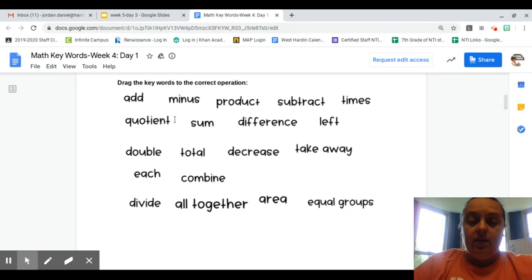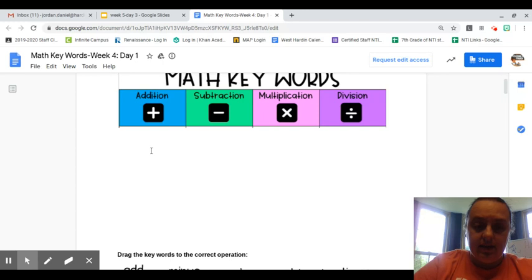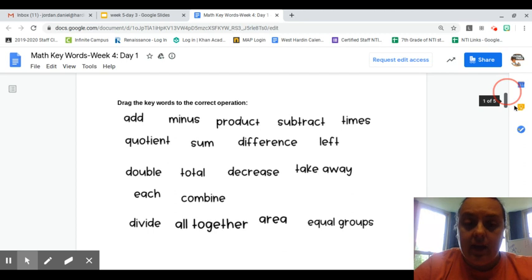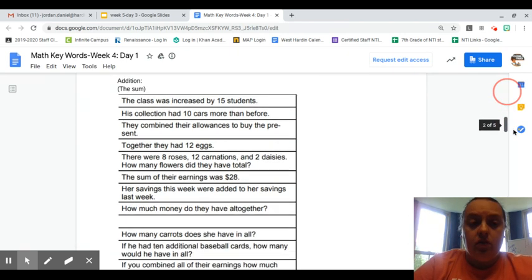For example, add would go with addition, and I would drag it up to the top where it says addition. Then I would take all of those words and drag them where they need to be.